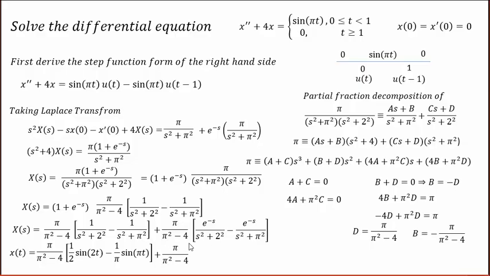Then the next is, we have this, now e^(−s) will return u(t − 1). And then again it goes with sin(2t), but t will be replaced by t − 1. So that's why all values, you can see here the same result we have. So our t will be replaced by t − 1. That's why it becomes 2t − 2. And πt, so t also will be replaced by t − 1.